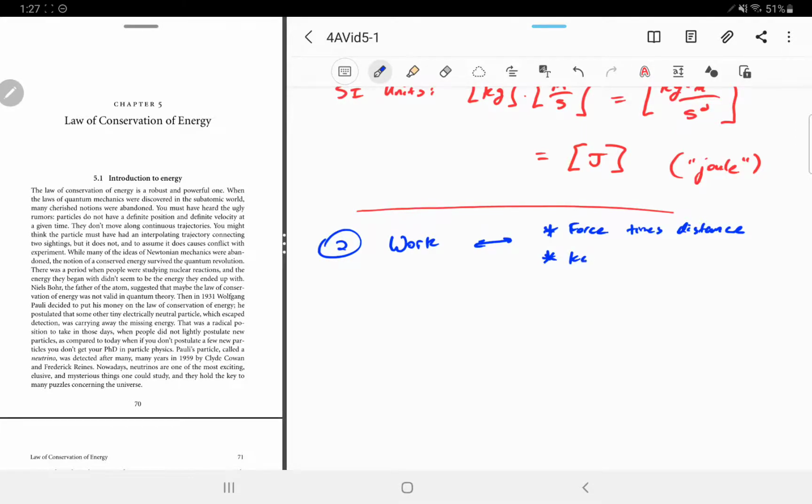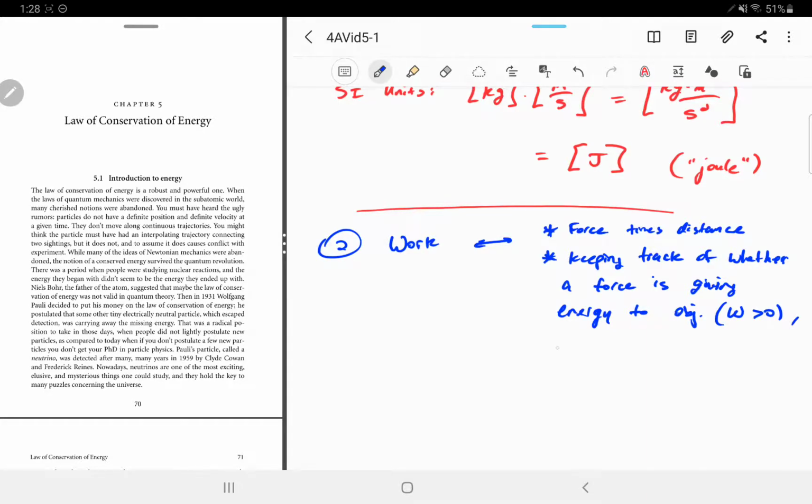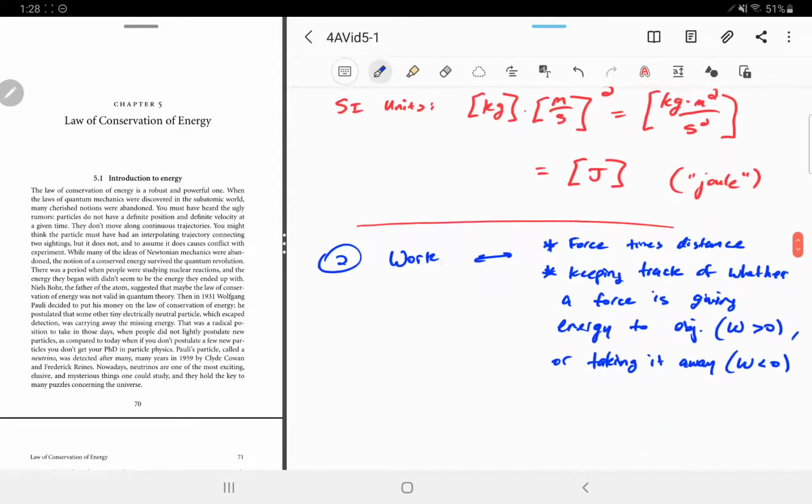So our definition for work is going to be such that it keeps track of whether a force is giving energy to an object, in which case the work will be positive, or taking energy away, in which case the work is negative. So just like kinetic energy, where we use K or KE, for work we use W.